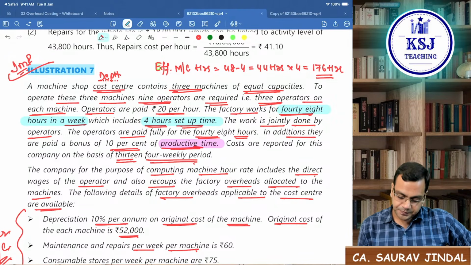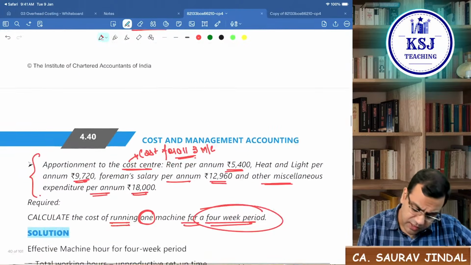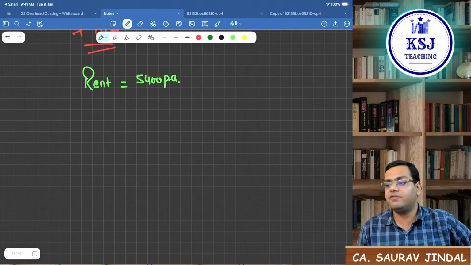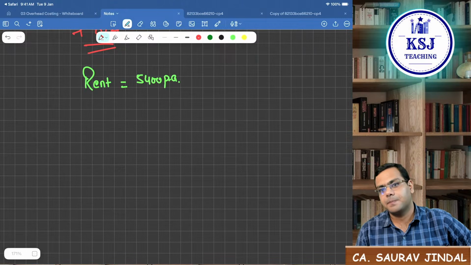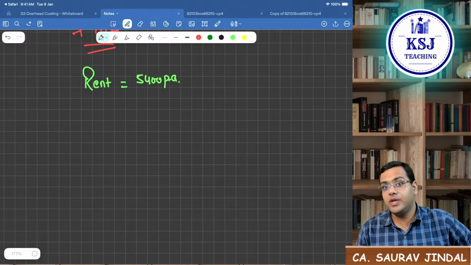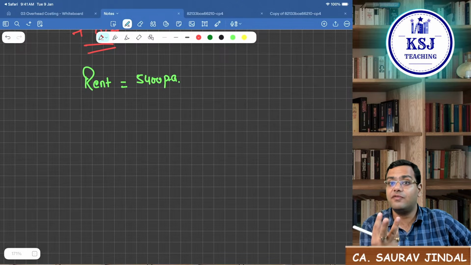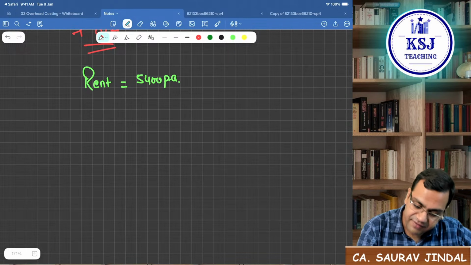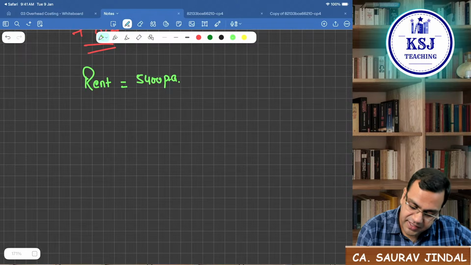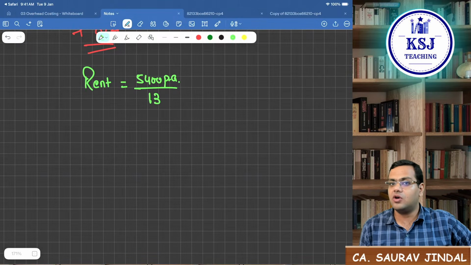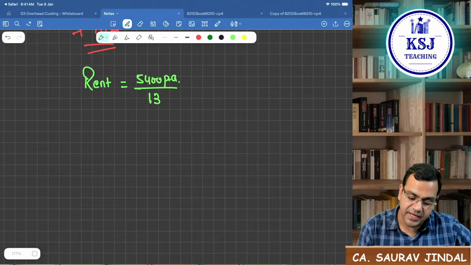Now, okay, let's come to the cost. Rent 5400. So what will you do with the rent? 5400 is per annum. What you need is the cost for 1 4-week period. How many 4-week periods are there? There are 13 4-week periods. So if I divide this cost by 13, I will get the cost for 1 4-week period.